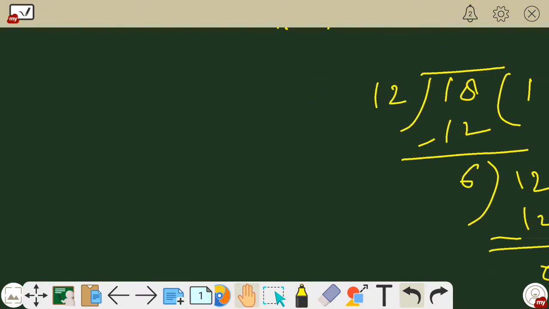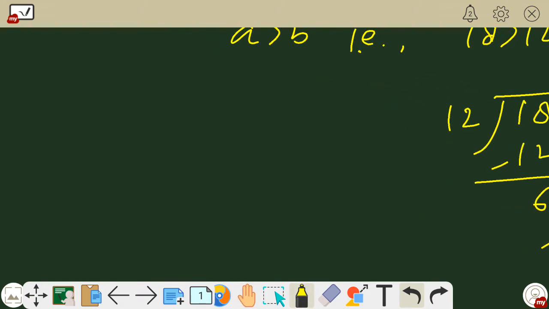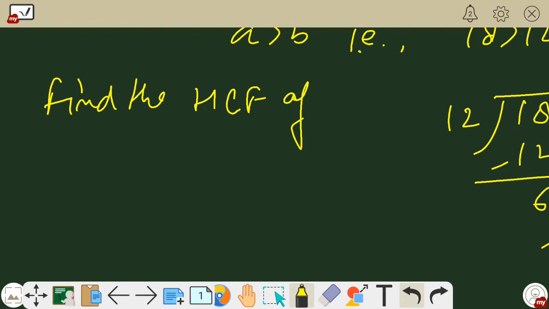Now in this case we find the HCF of 18 and 12 using the application of EDL, Euclid division lemma. We will find the HCF, highest common factor, of these two positive integers, 18 and 12.